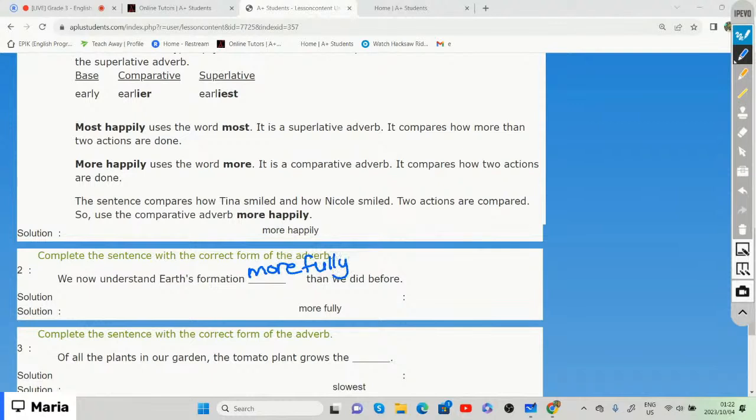And that is basically comparing two actions. So more fully, and more gives us the indication that we are comparing two actions, so it's comparative.